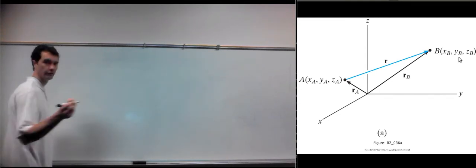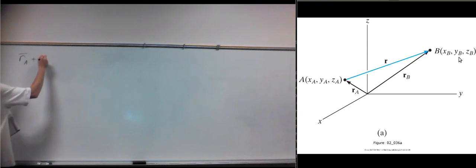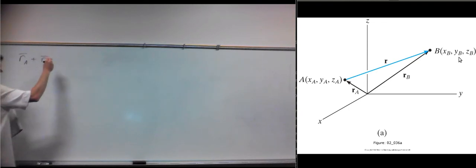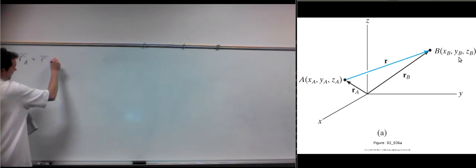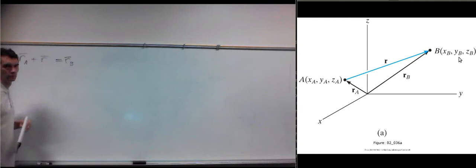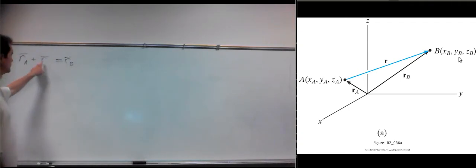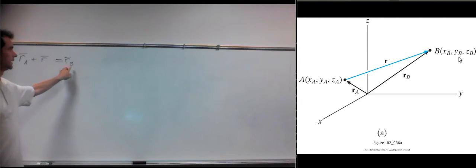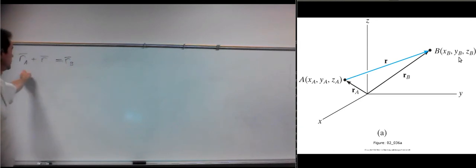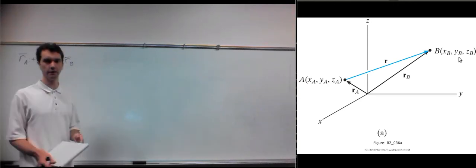And if you look at the figure and the vector addition, we see that the vector RA, plus the vector R, as it's labeled in this figure, is equal to RB. So the head of RA, and then connect the tail of R, and then the head of that. So the tail of RA to the head of R gives you RB. So hopefully you see the vector addition there in the figure.